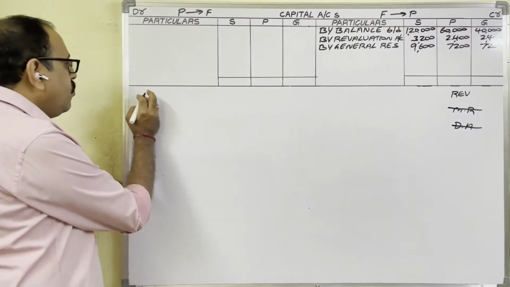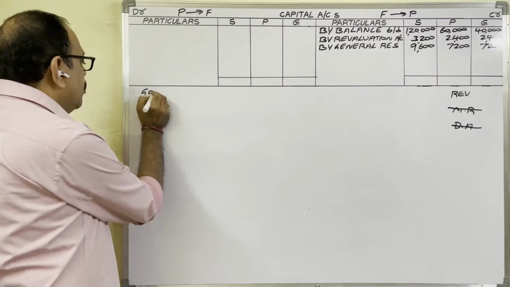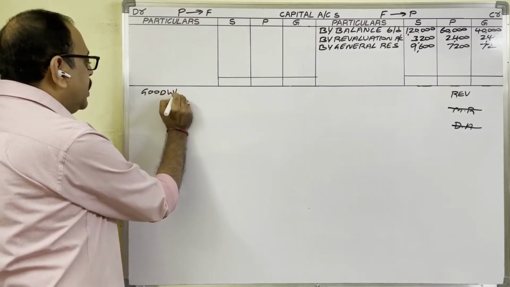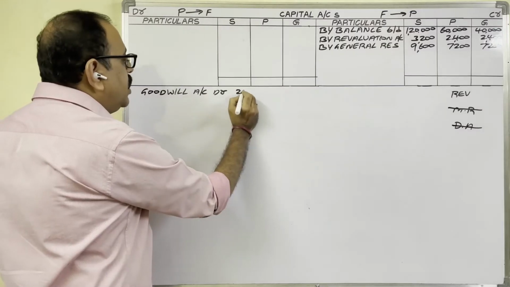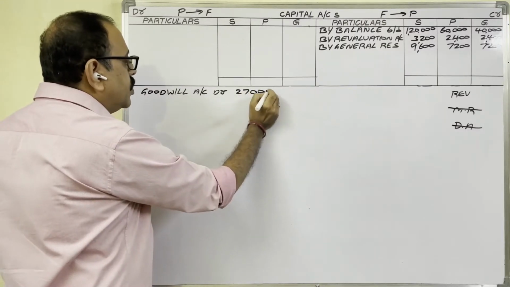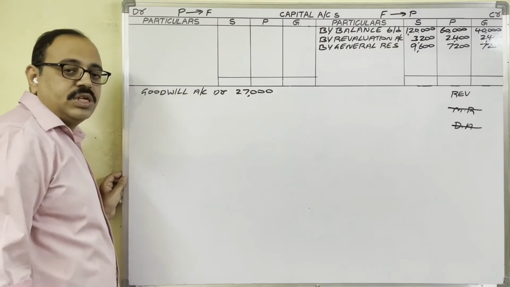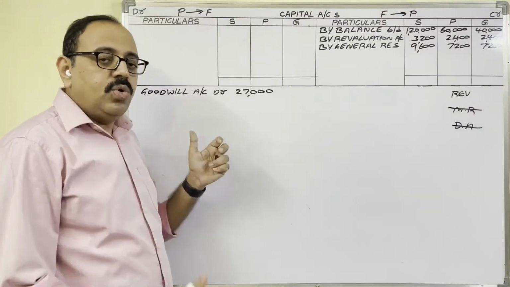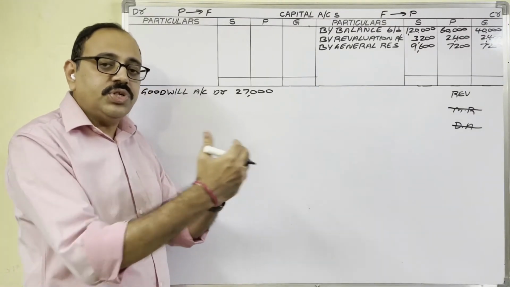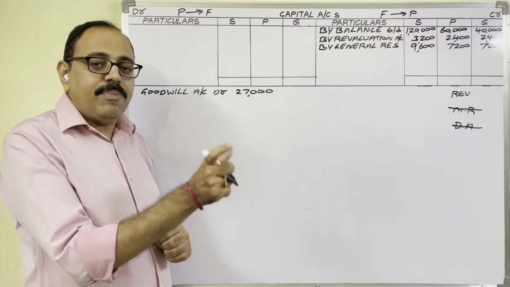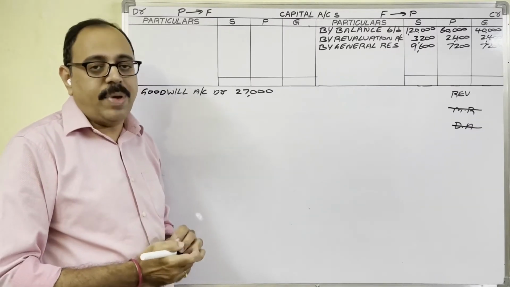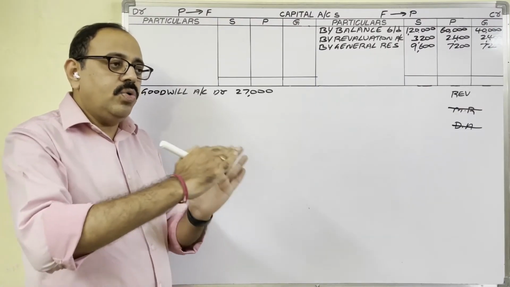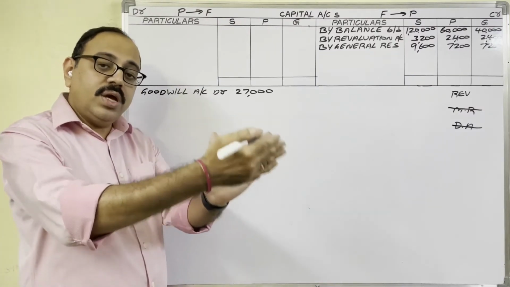Therefore, if you want to create goodwill, we should create it by debiting. Goodwill account debtor. Goodwill is valued at 27,000 rupees. This amount we should transfer to all partners' capital accounts. Capital is a liability. Liability shows a credit balance. So if you want to increase the liability, you should credit.